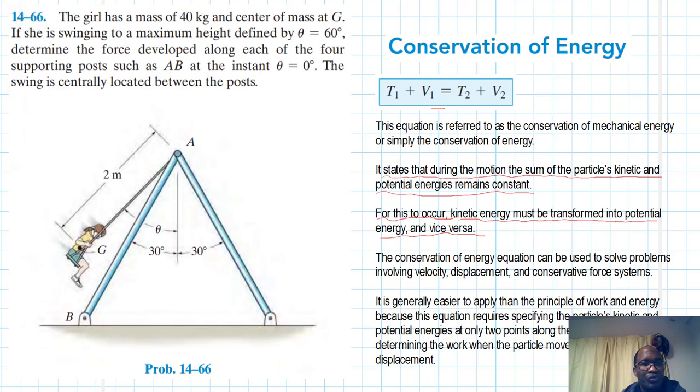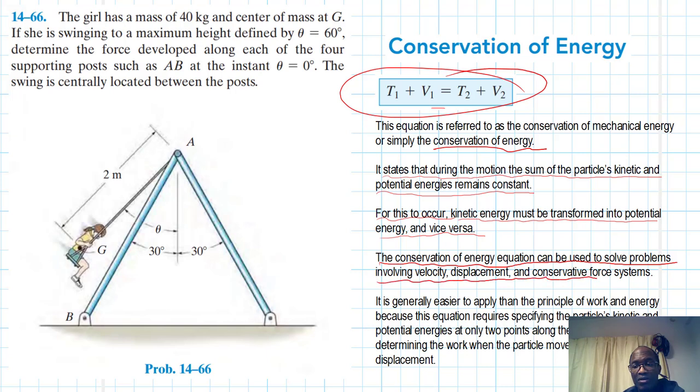So we can refer to this particular equation as conservation of mechanical energy or simply the conservation of energy, right? The conservation of energy equation can be used to solve problems involving velocity, displacement, and conservative force systems.